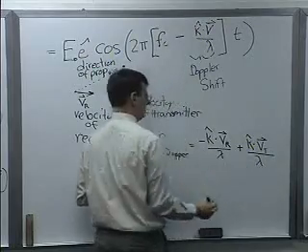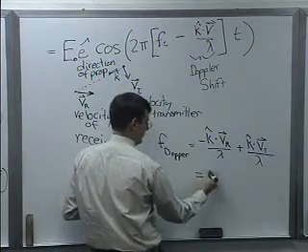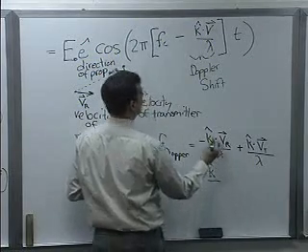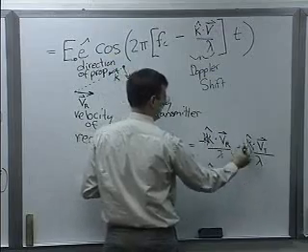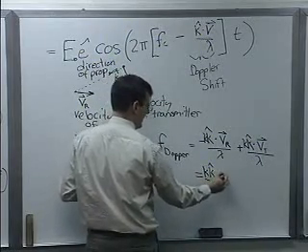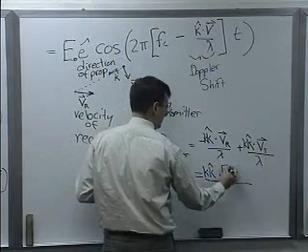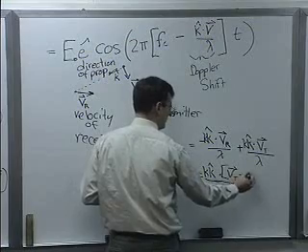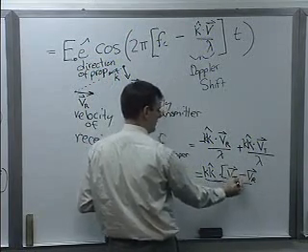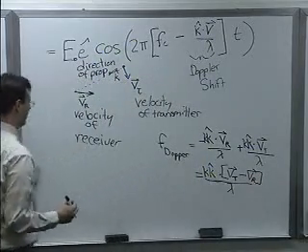That's also over lambda, and in fact these are common terms, so let's pull those out. We could write this as k hat, oh, and I have to have a k in there too, the wave number, k hat dotted into the difference between the velocity vector of the transmitter minus the velocity vector of the receiver, divided by wavelength.